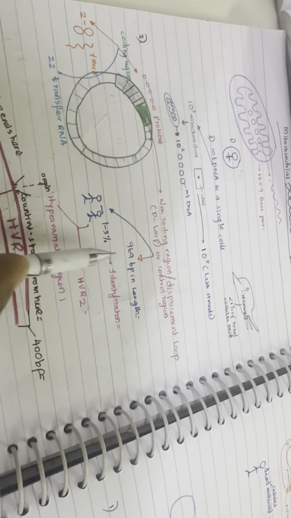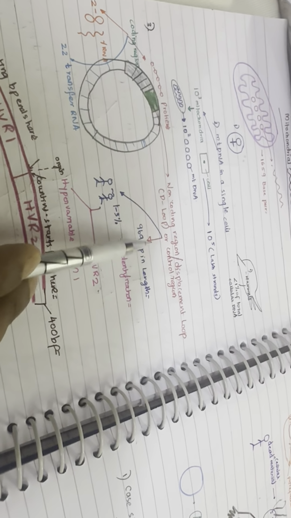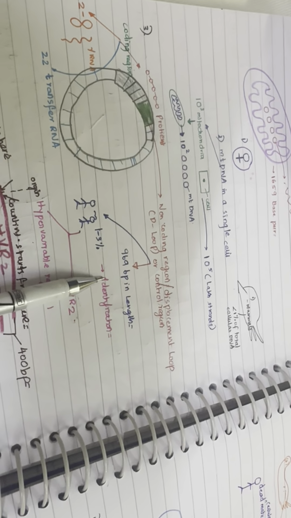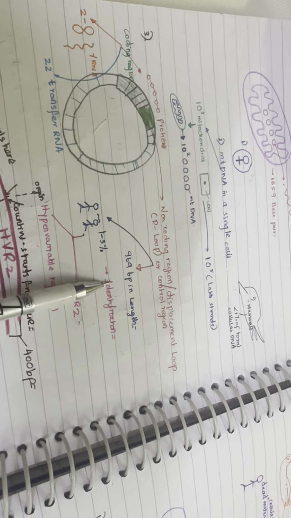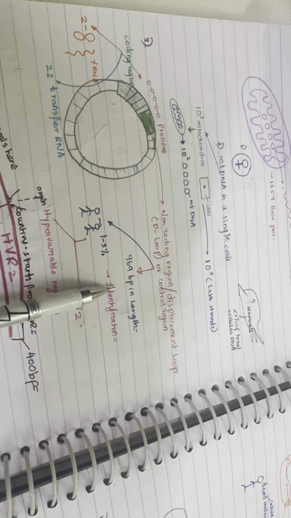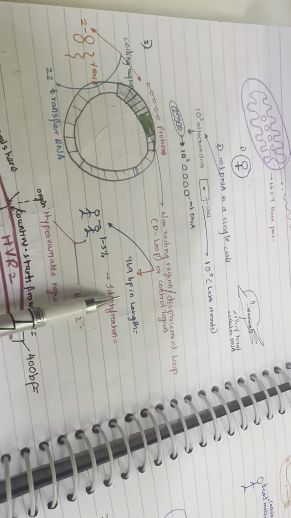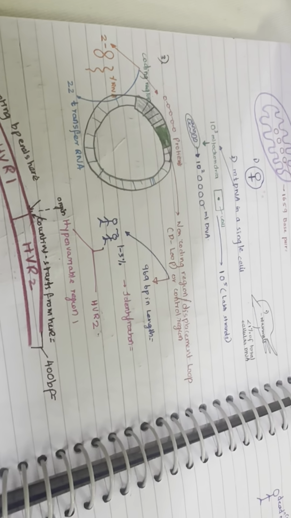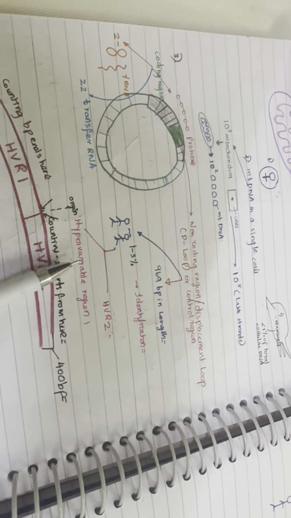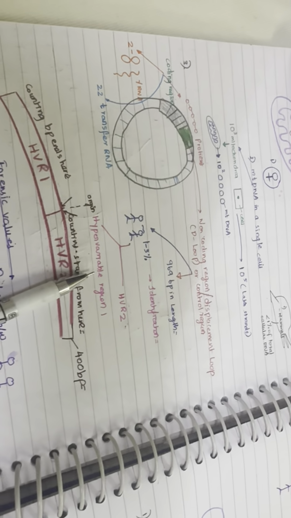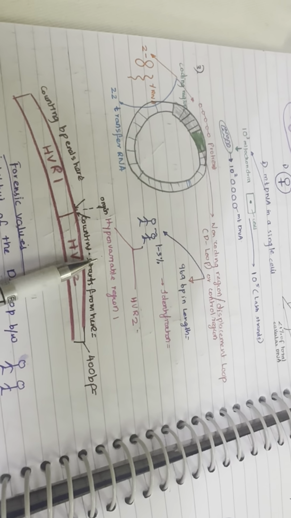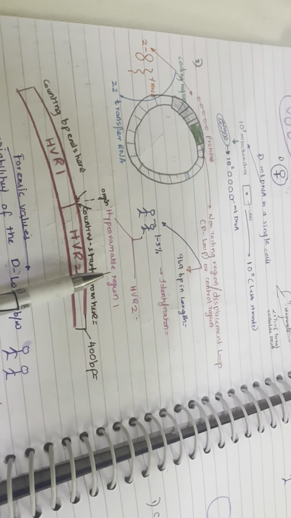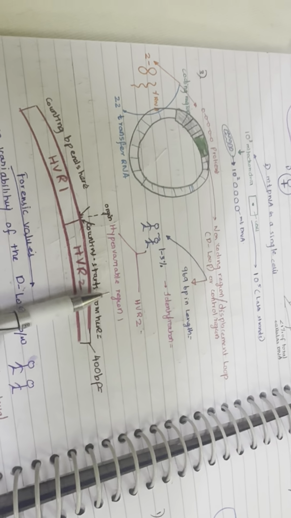in length. The control region shows variability among individuals. It is divided into hypervariable region 1, HV1, and hypervariable region 2, HV2.